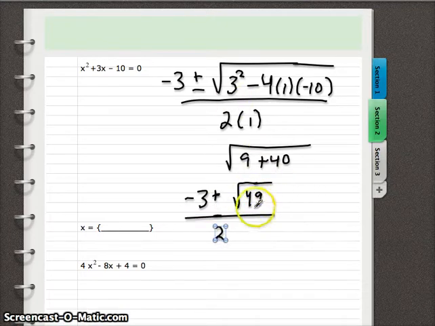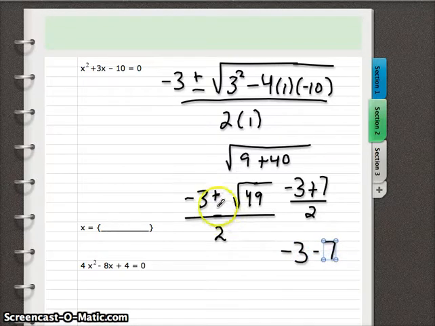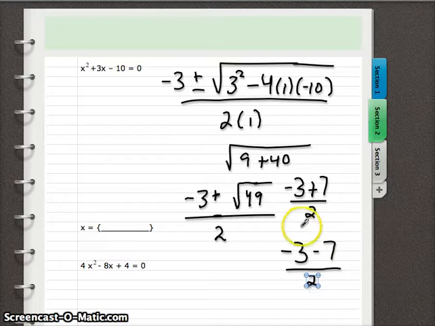So the square root of 49 is 7. So we're doing -3 plus 7 divided by 2. That's going to take care of our plus here. But we also need to do, or simplify, -3 minus 7. That takes care of the minus right there. And divide that by 2. So this plus and minus means we have to do both.